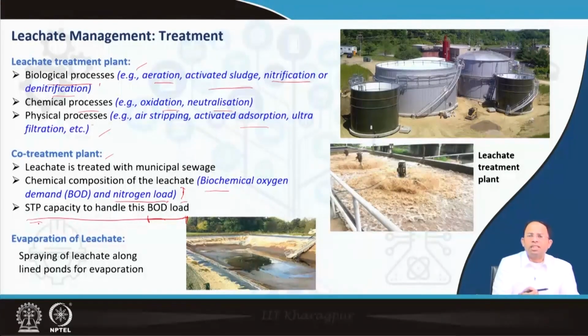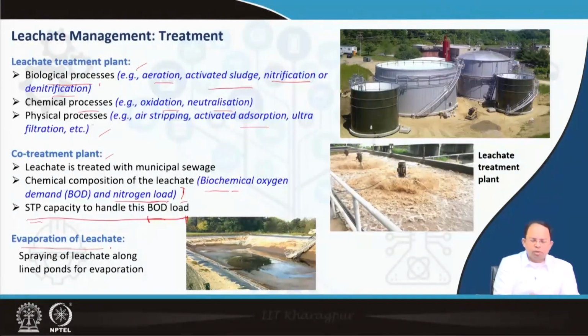So the capacity has to be already existing. So when we design the sewage treatment plant, in addition to designing it for the normal urban sewage, we also have to consider the extra nitrogen load and the biochemical oxygen load, which has to be taken care of because of the incoming leachate as well.